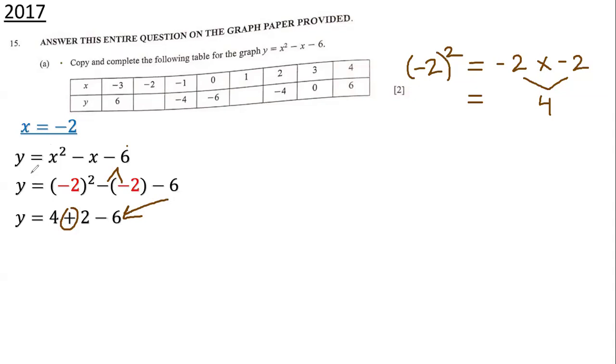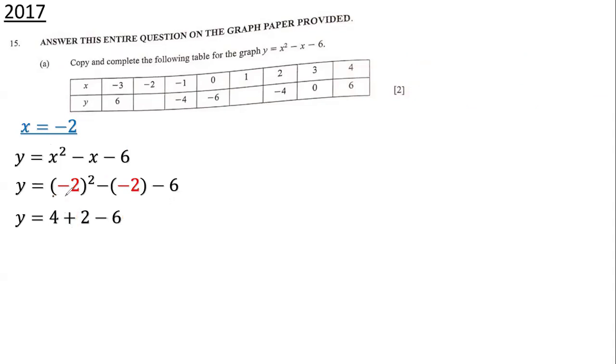Let me repeat what I did just now so y'all could understand what's happening. -2 squared is what? 4. Very good. A negative times a negative is a positive. And then we just bring down the -6. Now let's just add. 4 plus 2? 6.